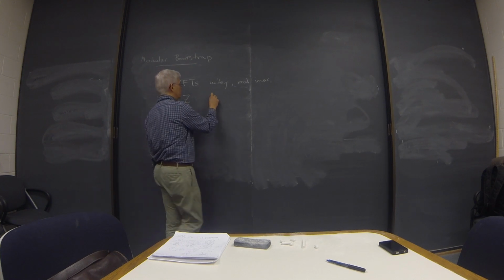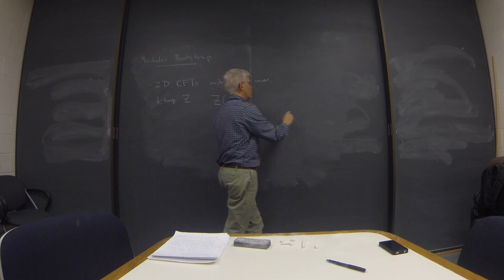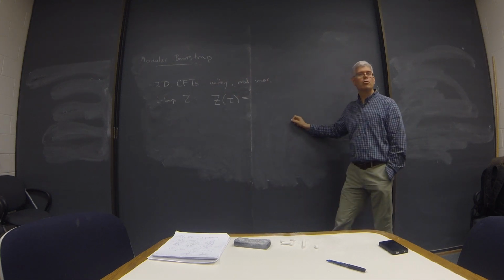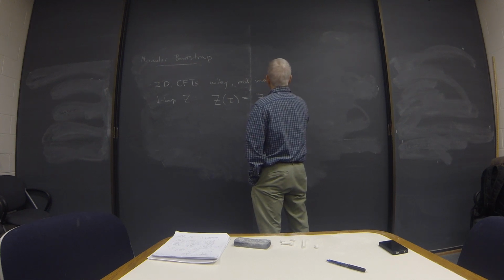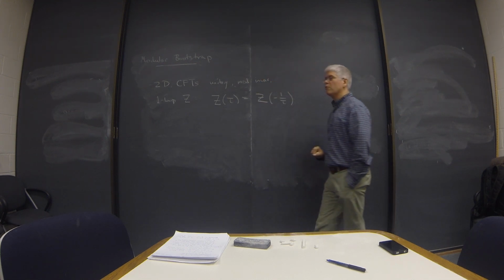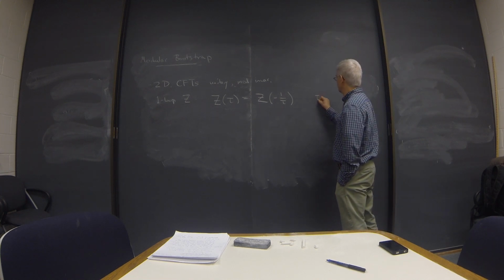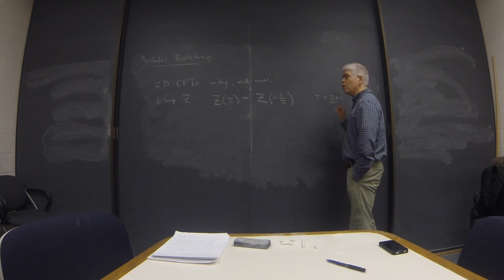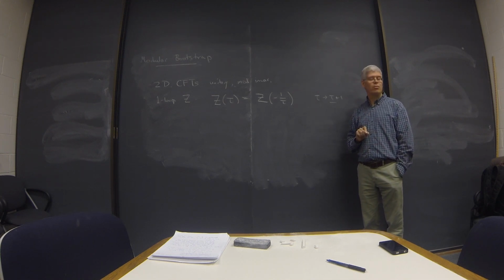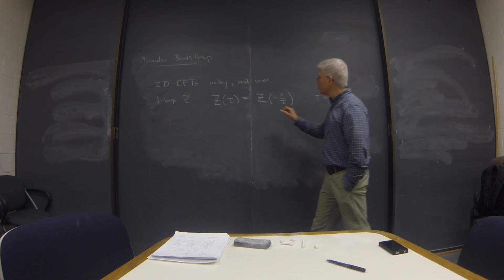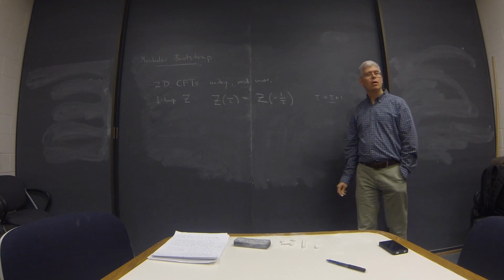And we're going to exploit modular symmetry, which says that we're on this torus with modular parameter tau. It says that Z of tau should be equal to Z of minus 1 over tau. There's also another modular symmetry, which is tau goes to tau plus 1. We don't really know how to make full use of this part of the transformation. So really, we're just looking at this Z2 symmetry of the partition function.